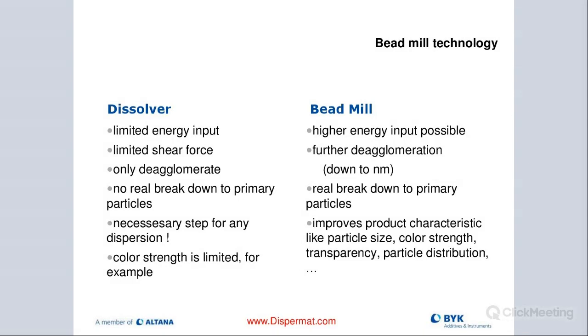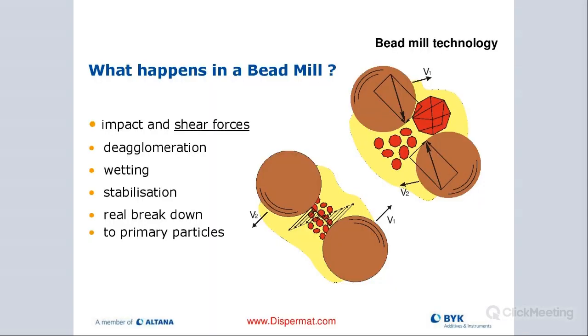So here are some of the differences. Basically, with the bead mill, I can add a lot more energy. I can deagglomerate all the way down to the nanometer range. And that's really the breakdown of the primary particles, which you will not be achieving with just a dissolver. And again, the color and transparency and gloss are heavily improved.